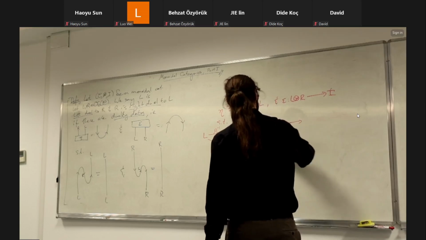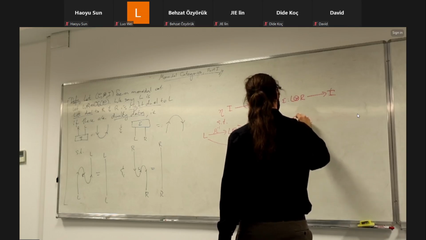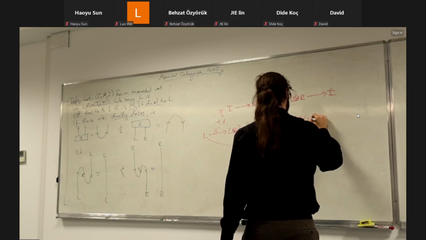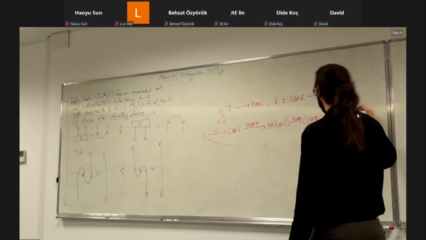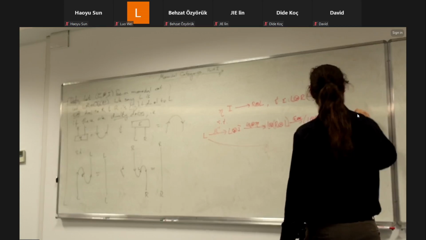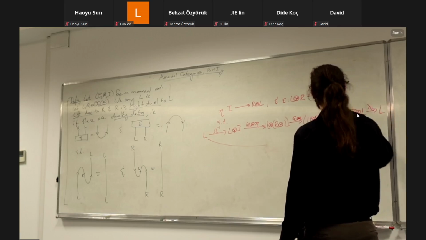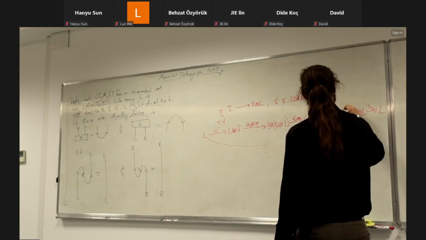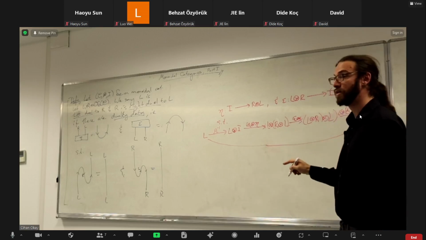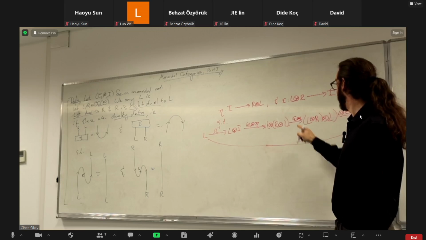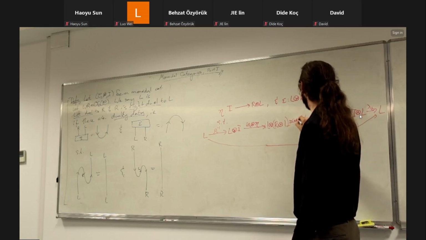The sigma: L tensor R tensor L to I tensor L to L. This is now lambda L, and this is epsilon times the identity on L. Sigma is alpha L R L inverse.